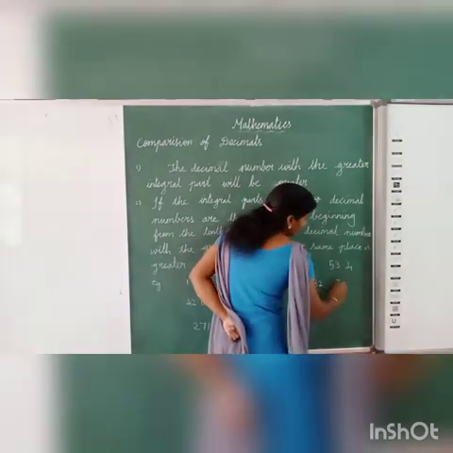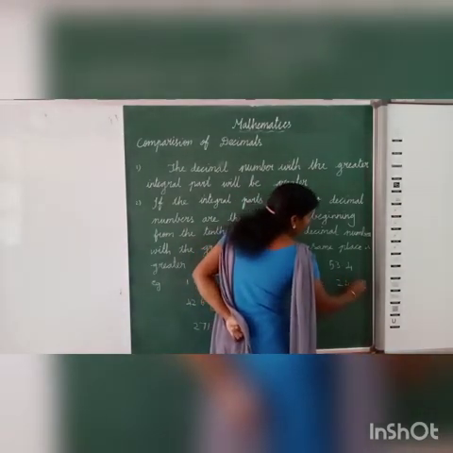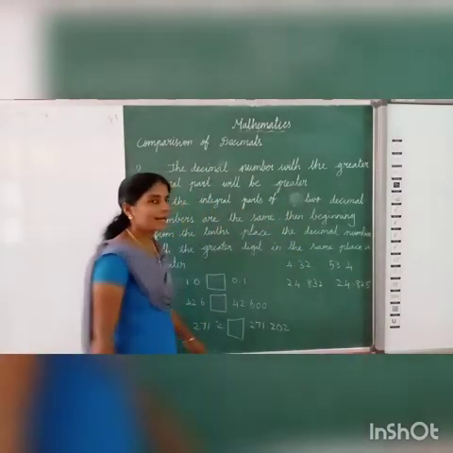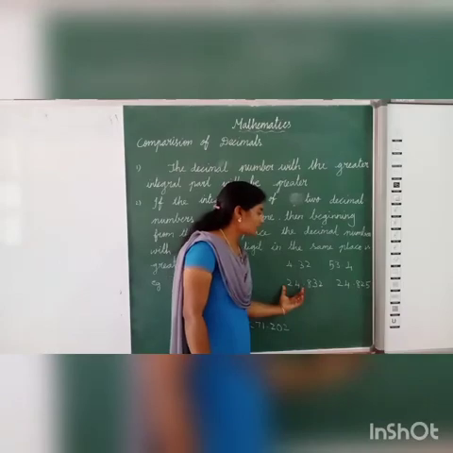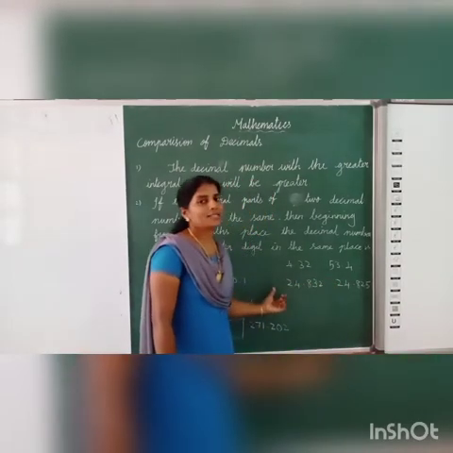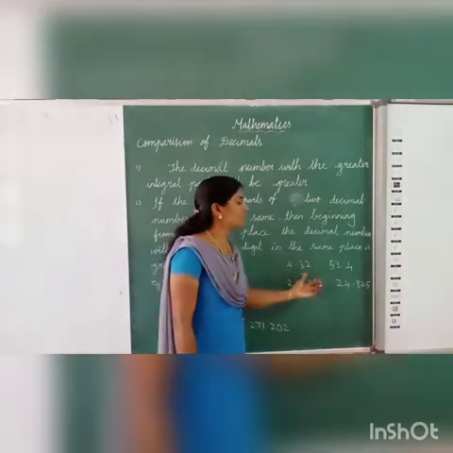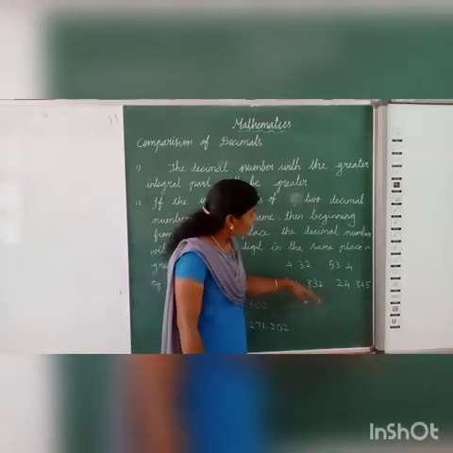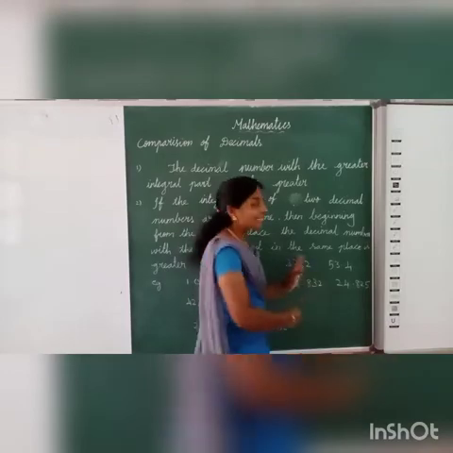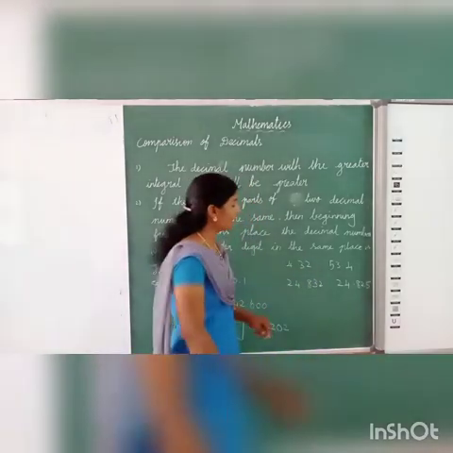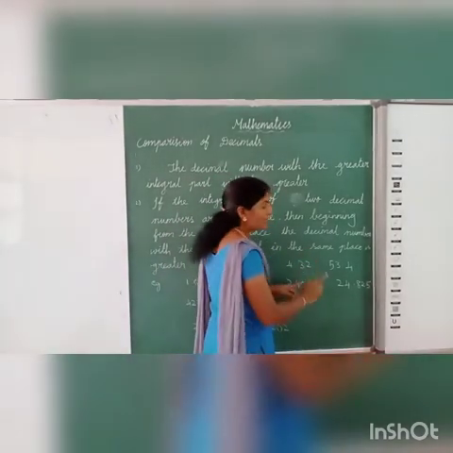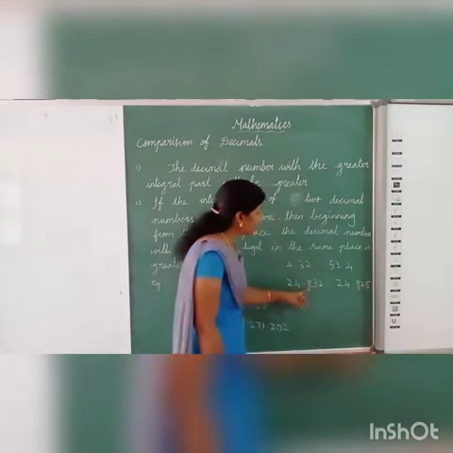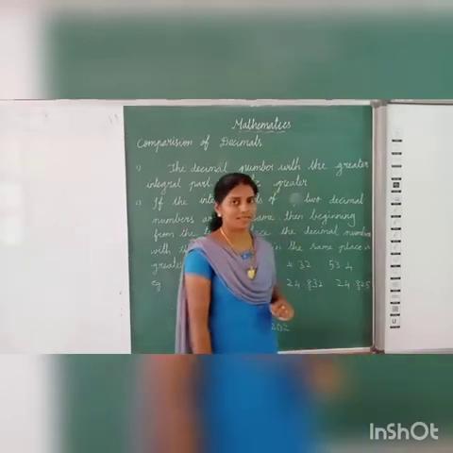Then another decimal number is 24.825. Now listen, the integral parts, here 24, here also 24. Integral parts are the same, so we compare the decimal part, okay. Now listen here, tenths place. First we compare this tenths place. Tenths place here 8, here also 8.